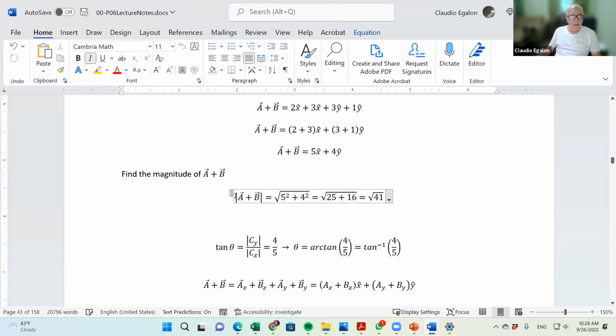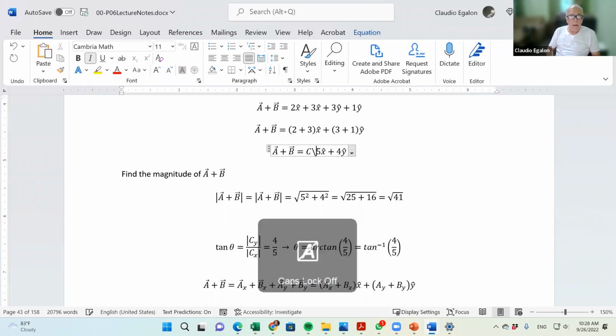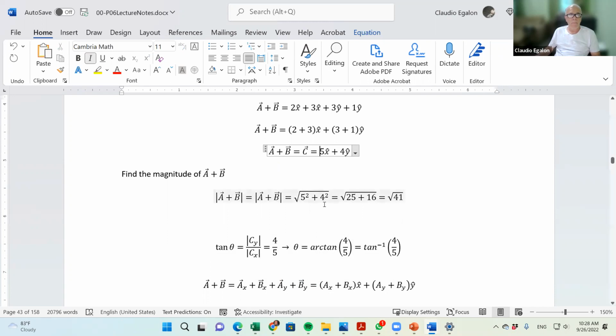I call that the vector c. Cy is 4, cx is 5. Take the arctangent of that, whatever it is.